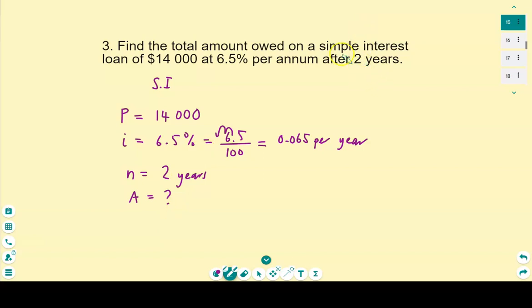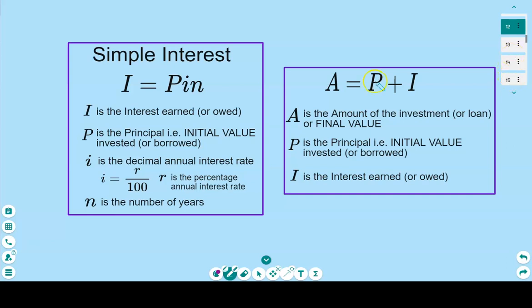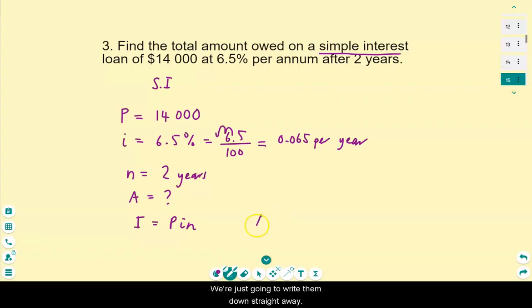So, first of all, I'll just write down a few formulas. The simple interest formula is I equals PIN. If we come back to here, these are the two formulas that we can use to find things: I equals PIN and A equals P plus I. So I'm just going to write them down straight away and see how many unknowns we have and if we can solve.